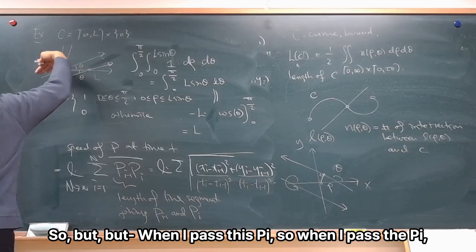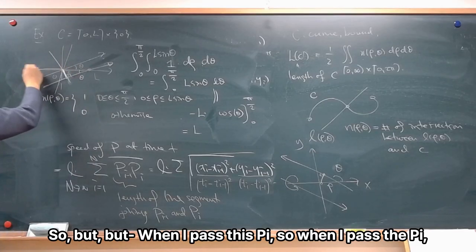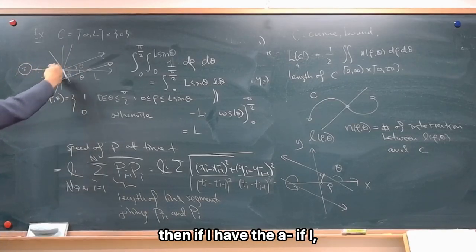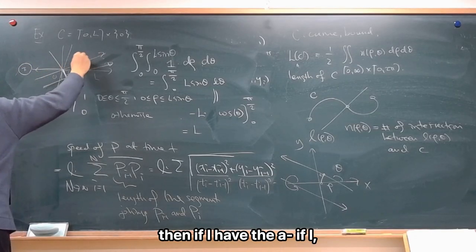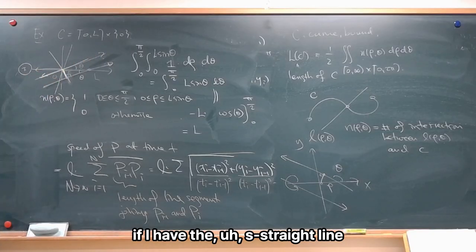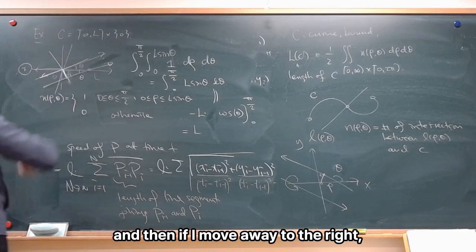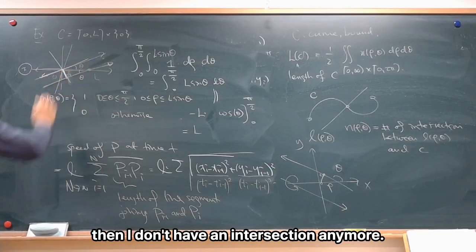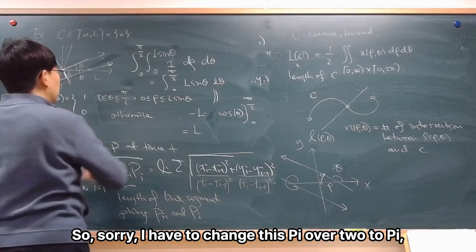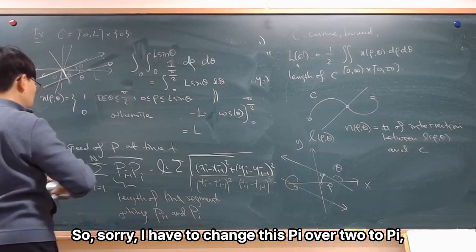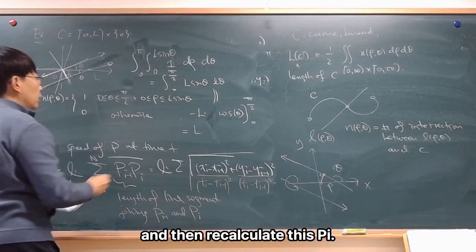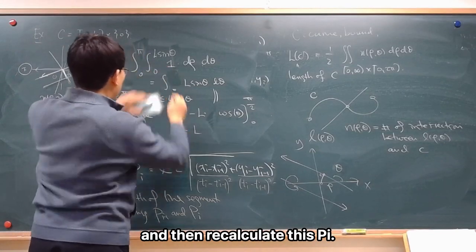But when I pass pi, then the straight line goes in the opposite direction, and if I move away to the right, I don't have an intersection anymore. So sorry, I have to change this pi over 2 to pi, and then recalculate.